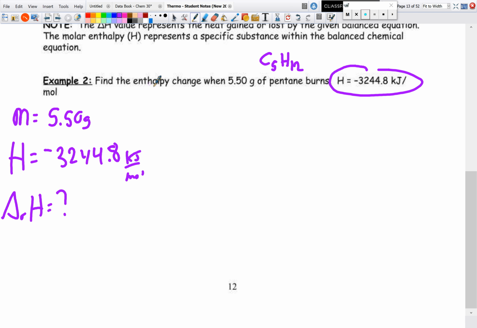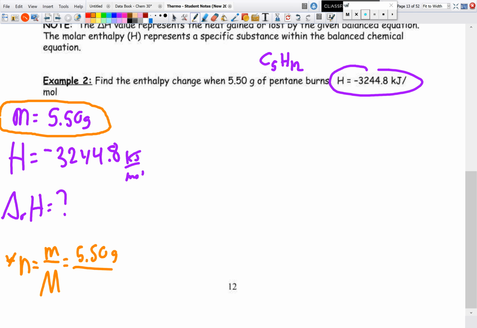So the first thing that should be jumping off the page is the fact that we have a mass and not number of moles. So if you want number of moles, you can just go down here: n is equal to mass over molar mass, right? Our mass was our 5.50 grams. Molar mass for C5H12, I'm not going to show the calculations for it, because hopefully you should be good at calculating molar mass right now.